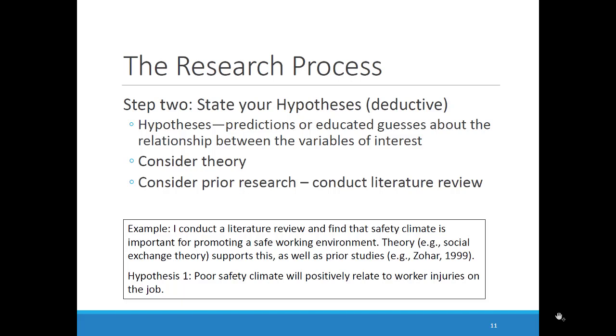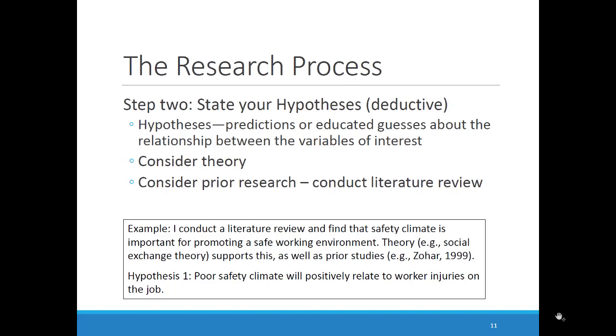Using the example that we just talked about on the last slide, say that I conduct a literature review and I find that something called safety climate is important for promoting a safe working environment. So safety climate is the degree to which individuals within an organization feel that safety, physical safety, is valued, and that their physical safety is of importance to their managers and to their coworkers and to the organization overall.